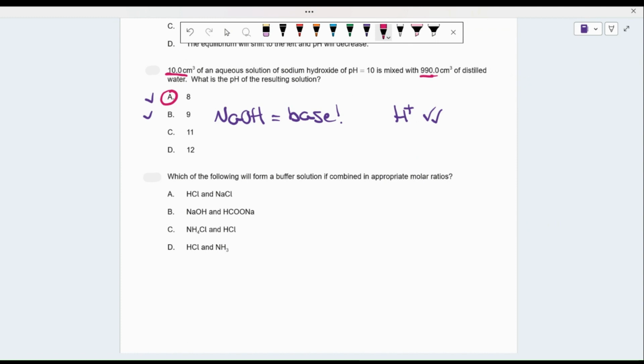We need some hydrogens. Option B, there we have 2 bases. So that's 2 bases, so no. C, we have 2 acids. So again, no. And D, yes, D, we have acid and a base.